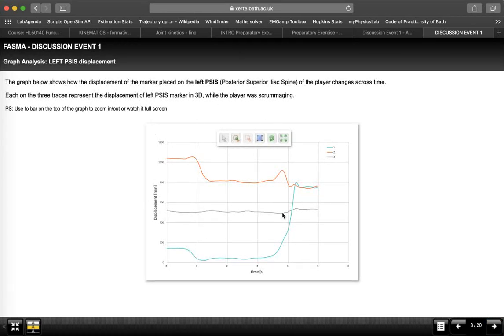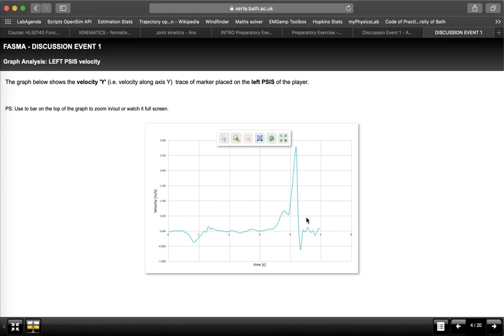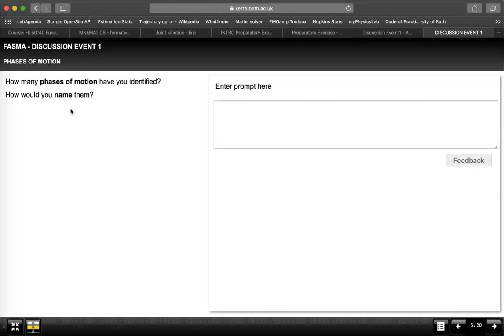This is an example of the graphs that you can zoom in and zoom out, and you can have a look at these graphs and then use some information taken from them to answer questions like this: how many phases of motion have you identified?